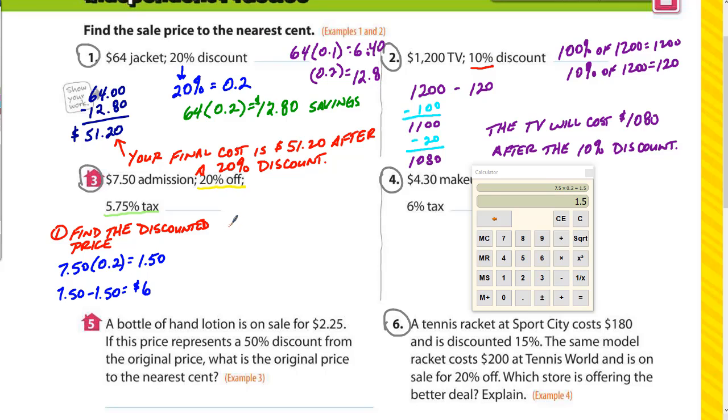So our second step is to find the final price.